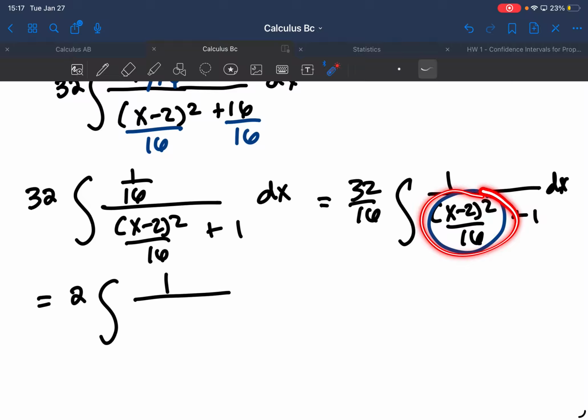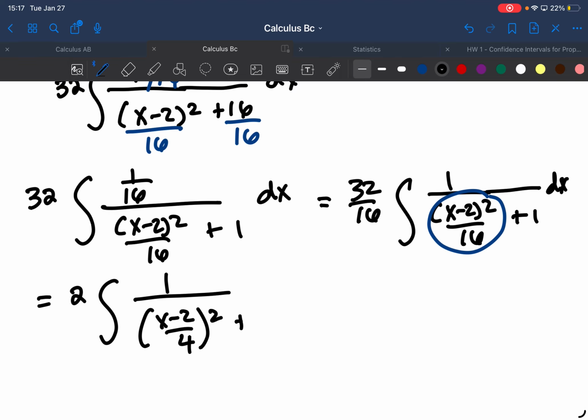So in order to do that, that 16 is now what number? Okay, we're thinking backwards here, right? What do I need to square to make 16? 4. So this is going to become x minus 2 over 4 squared plus 1. Does everyone see how I did that?